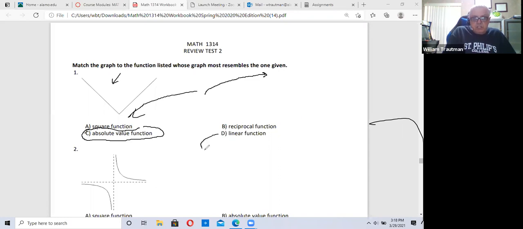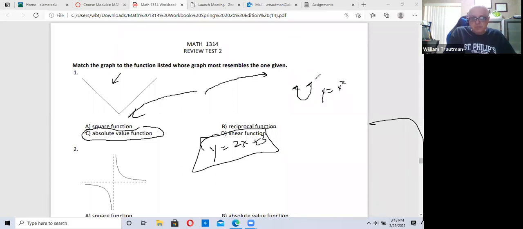Linear function, a straight line, y equals 2x plus 3, where you just have an x and a y, but no square. Parabola, don't forget about a parabola. That's y equals x squared. This one, that's y equals x cubed. So these are all ones we've talked about before.